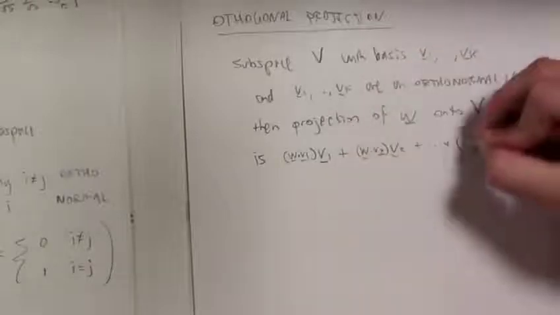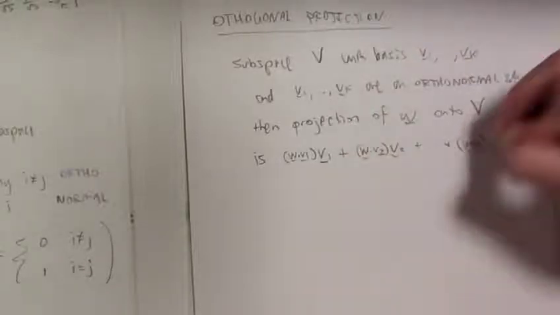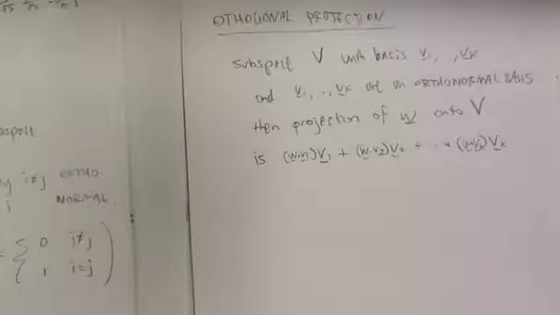It's exactly the same calculation you would do if it was in the subspace, you're just doing it with a vector that isn't in the subspace. And there you go. And that's the orthogonal projection of W onto V.